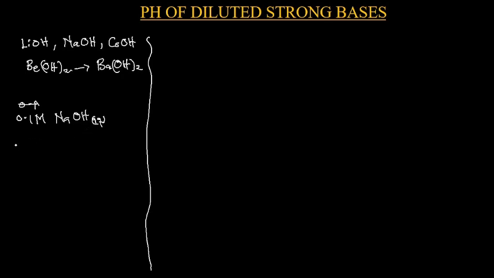We have sodium hydroxide in aqueous solution. Because it's a strong base, it will prefer to stay as electrolytes. So, sodium hydroxide as an electrolyte is going to dissociate, and we will have sodium plus and OH minus, aqueous.